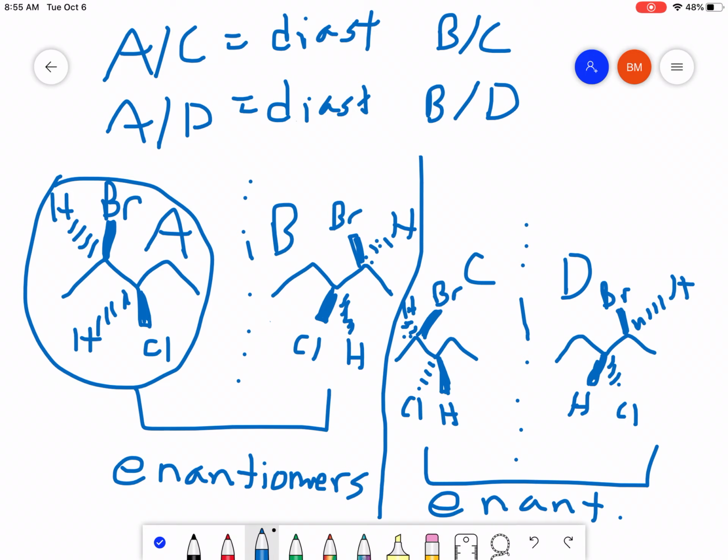So, what we have here in this sample of 4 different stereoisomers, depending on which ones we compare to each other, if we compare A and B to each other, they're enantiomers. If we compare A and D to each other, they're non-superimposable, non-mirror images, they're diastereomers. Okay, so that's one thing that's going to be important to recognize whenever you're doing these: once you draw all the possible stereoisomers, compare them to each other. See if they're superimposable or not, see if they're mirror images or not. That'll tell you how they relate to each other.